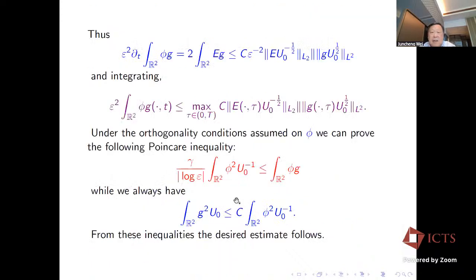Okay, and so using the orthogonal condition, if we multiply this function by g, we get the estimate for phi g. But we want to get the L2 estimate. So now we need a Poincaré inequality, which says the phi g can bound phi square.